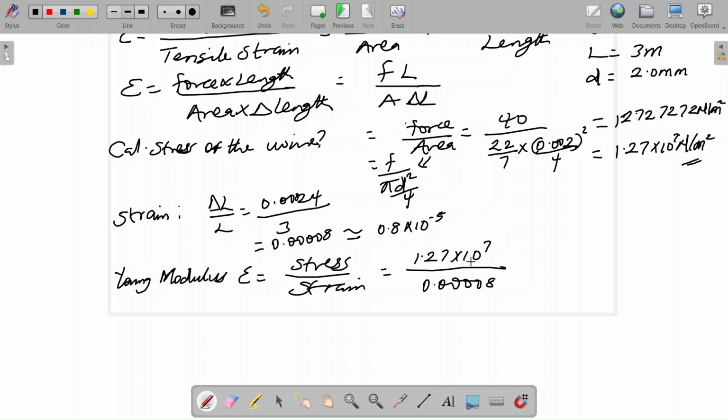How many zeros? 4 zeros before it. So this will give you a total of 1.5875 times 10 raised to power 11. So your Young modulus is also Newton per meter square. It's the same thing as the tensile stress formula. So that is what you have for this particular question. Let's move on to the next question.